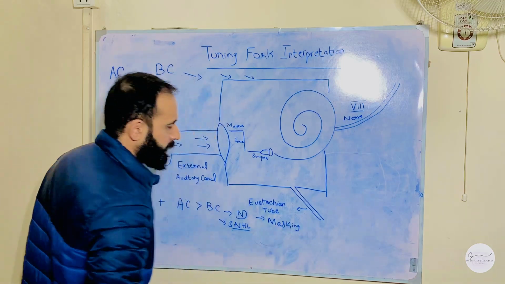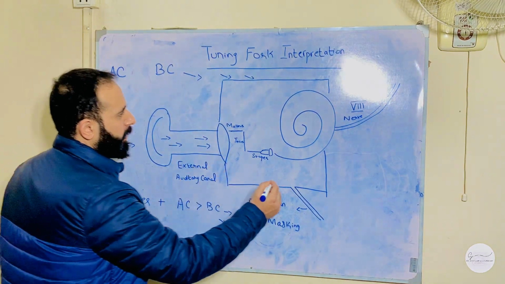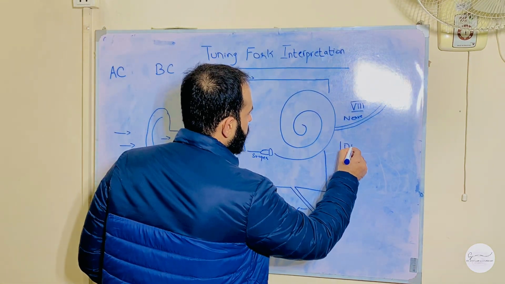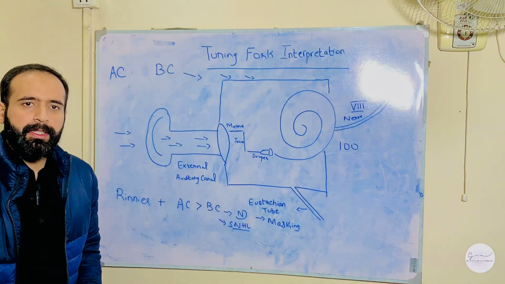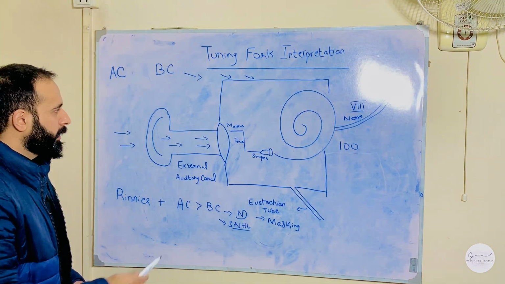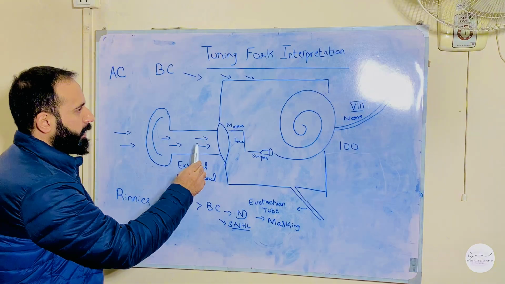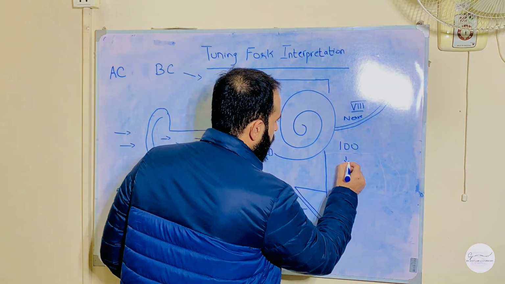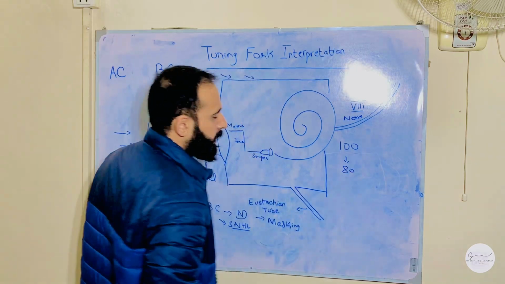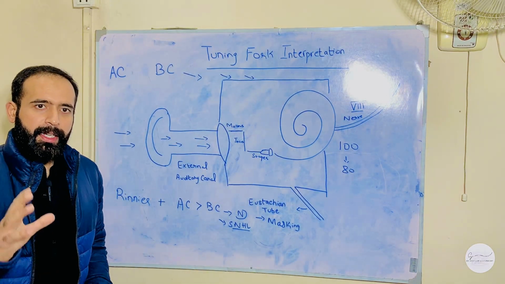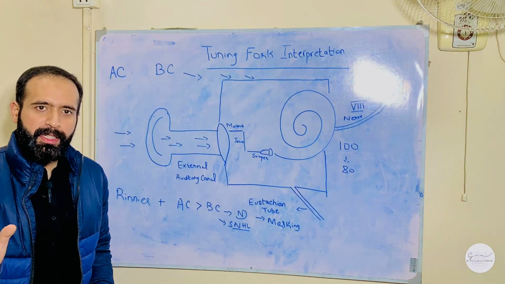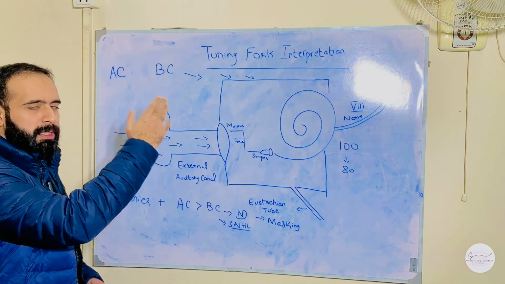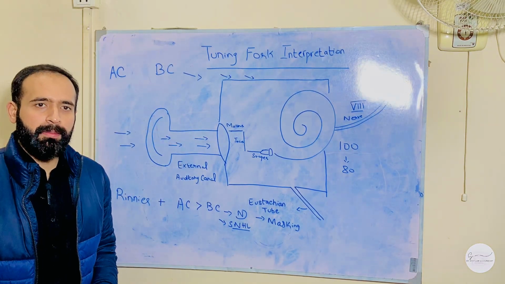What do we mean by masking? Let's say that there are 100 receptors in the cochlea. Most of these receptors are going to be occupied by the sounds which are coming in through the air conductive pathway. So let's say of 100 receptors, almost 80 are taken up by the air conductive pathway. There are only 20 more receptors free by which the sounds coming in through the bone conductive pathway can be appreciated.